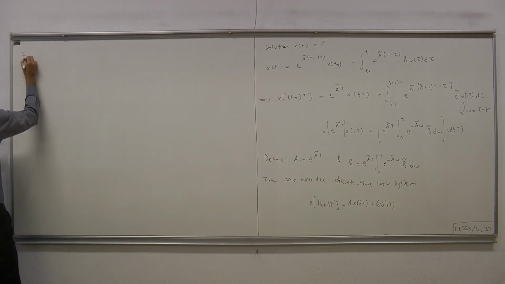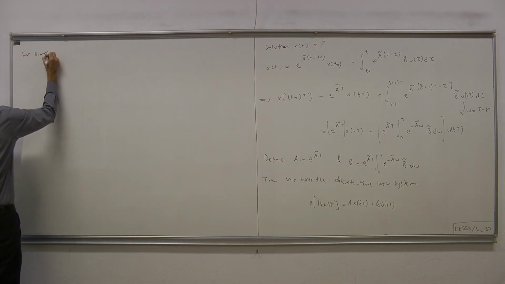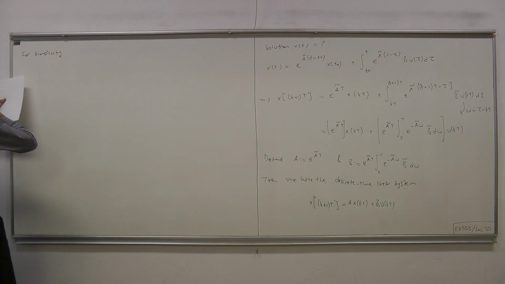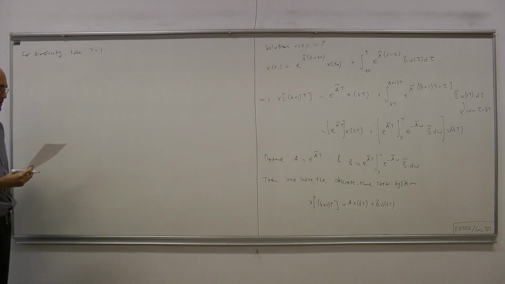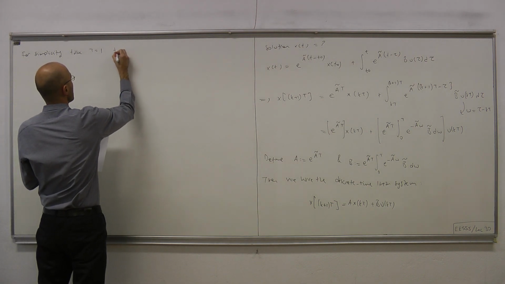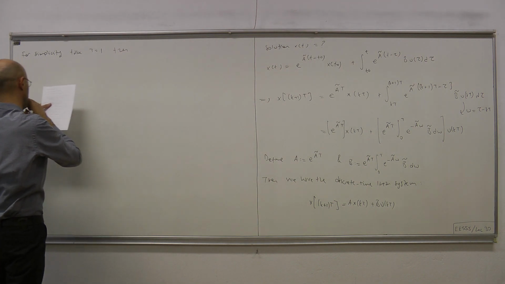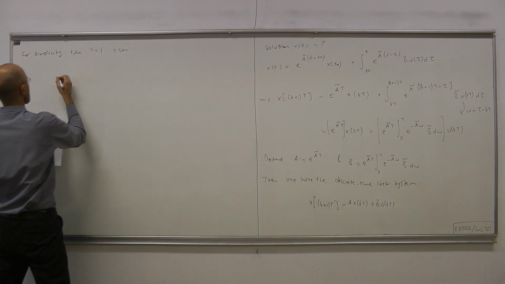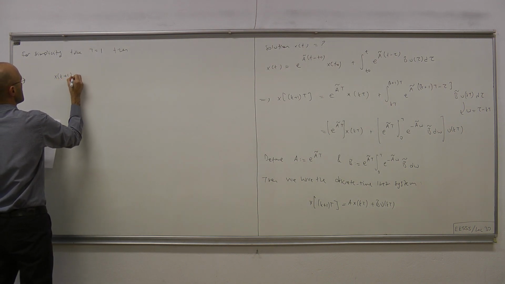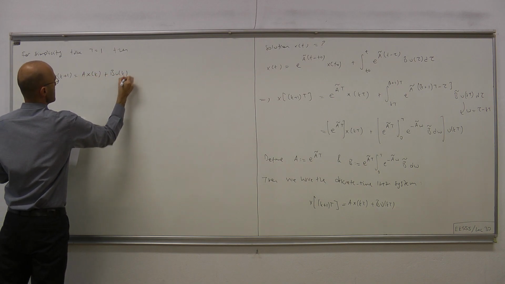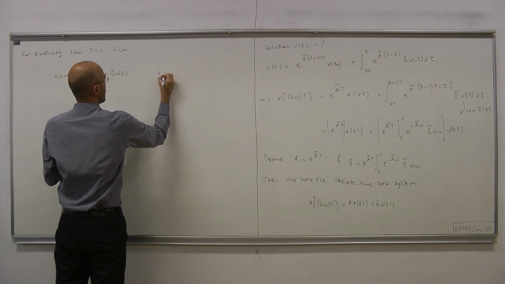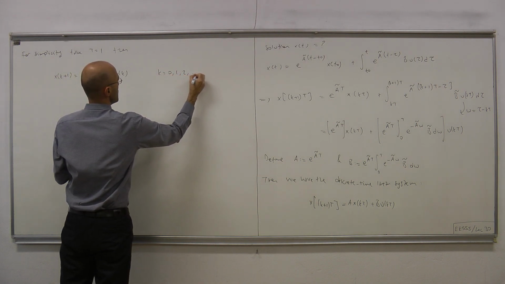Then what we have is x(k+1) = A x(k) + B u(k) for k equals 0, 1, 2, and so on.